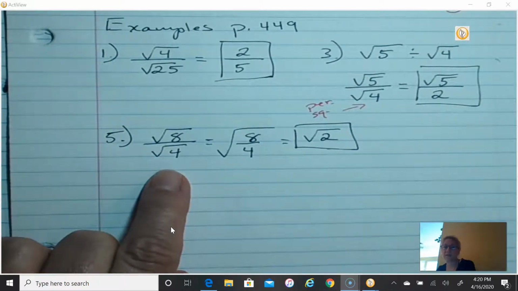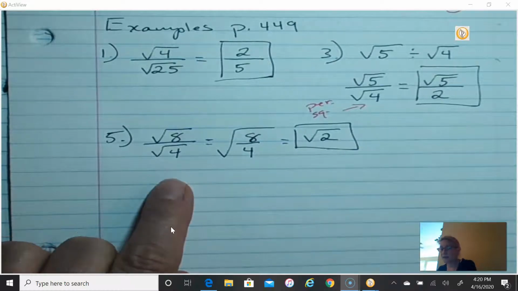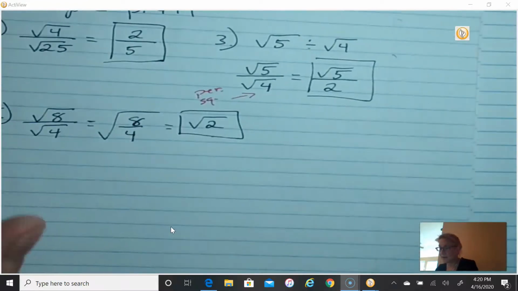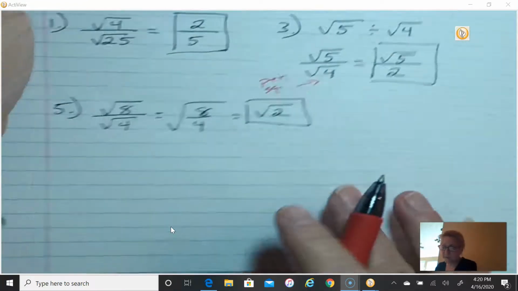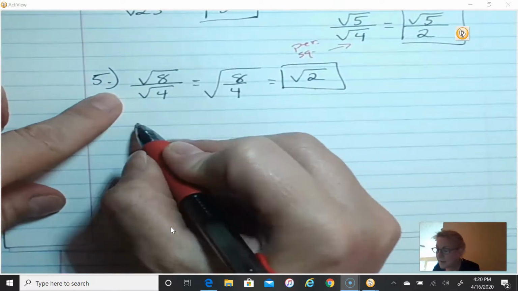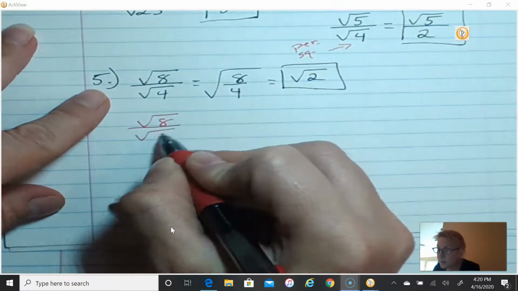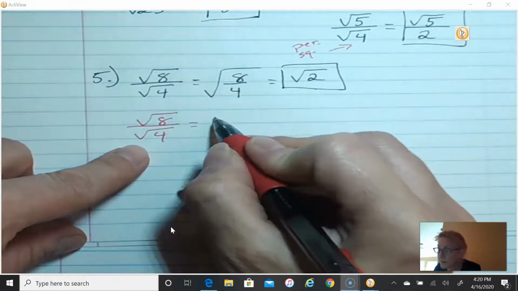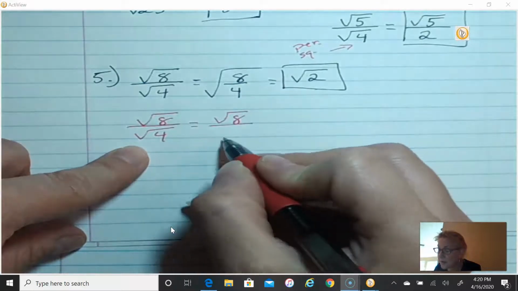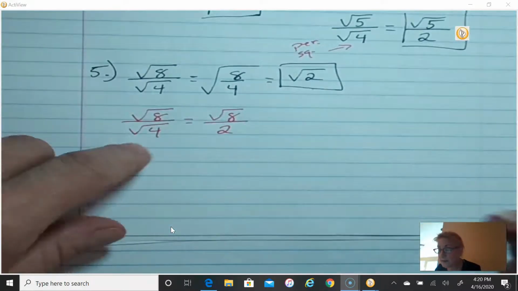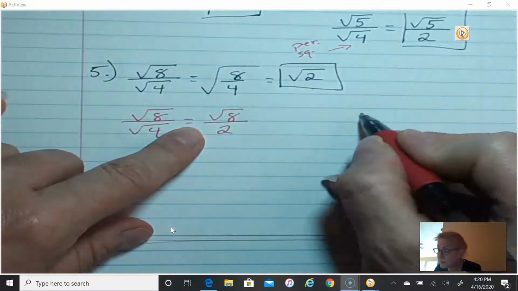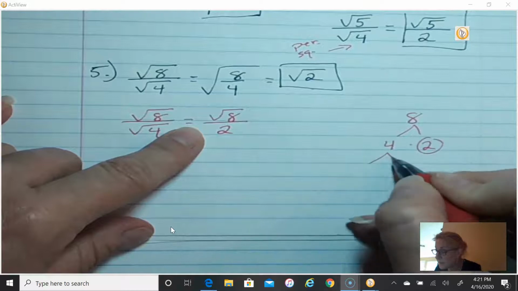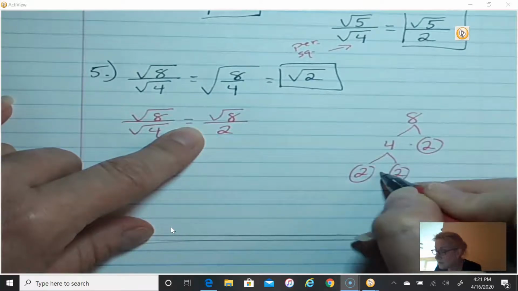All right, because, I mean, in reality, let me show you. If you had done it a different way, and I'm going to do this in red. Let's say this was 8 over 4. That's a perfect square, yes? Okay, so then you're left with the square root of 8 over 2. Is this simplified? Let's do the tree. 4 times 2. 2 times 2.